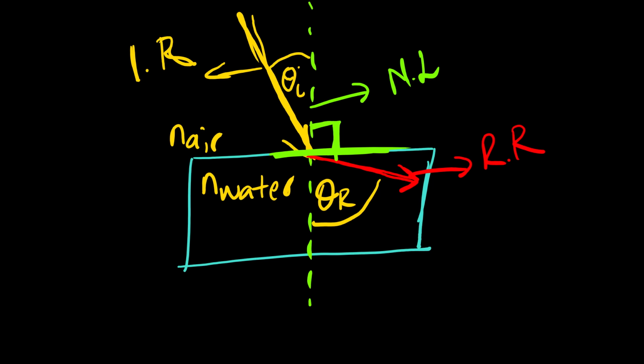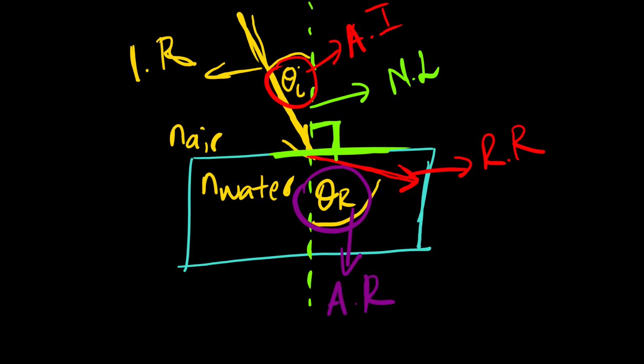Now looking at the angle between the normal line and the incident ray, this angle, this is what we call the angle of incidence. And the angle between the normal line and the refracted ray, this angle, we call the angle of refraction.